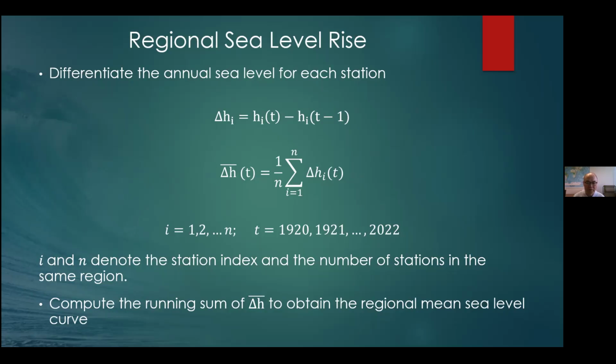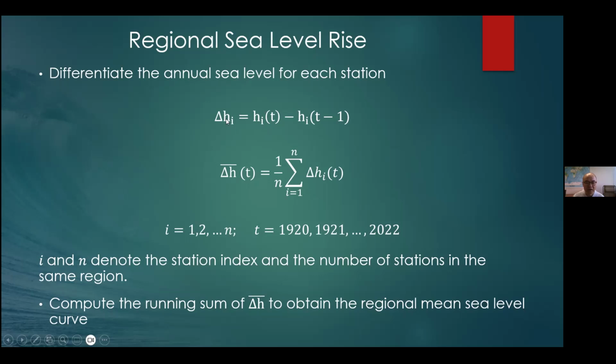To remove the impact of the different reference sea level, we calculate the difference: delta H_i equals H_i(t) minus H_i(t-1), the annual mean sea level in the current year minus the annual mean sea level in the previous year, where i is the station index.